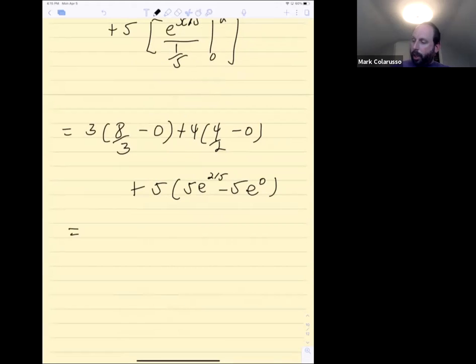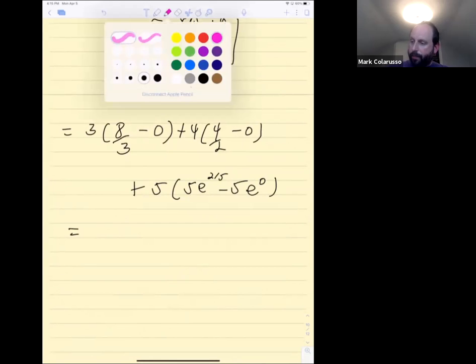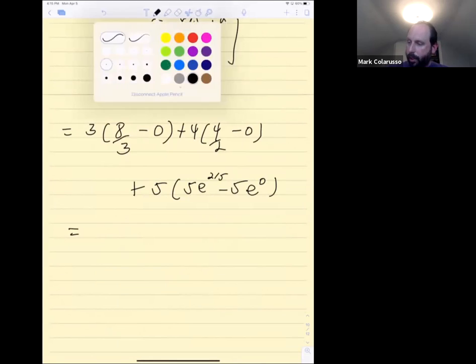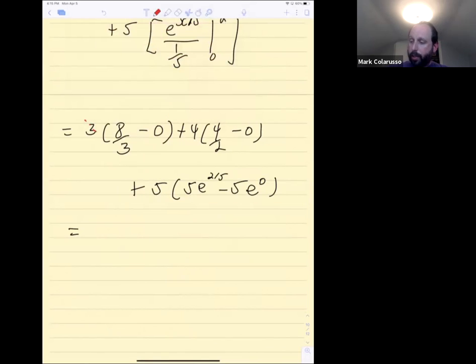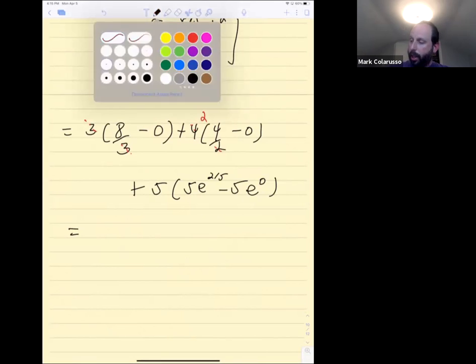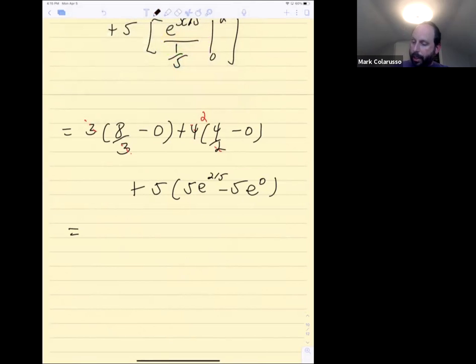Now we can do some more algebra. The 3's will cancel, and the 4 cancels to give you a 2, so you're going to get something quite nice. You get 8, plus 4 times 2 is 8, plus 25 e to the 2/5, and minus 25, since e to the 0 is 1.